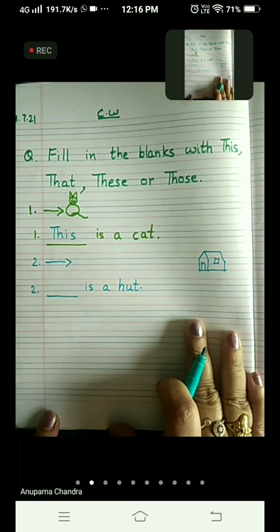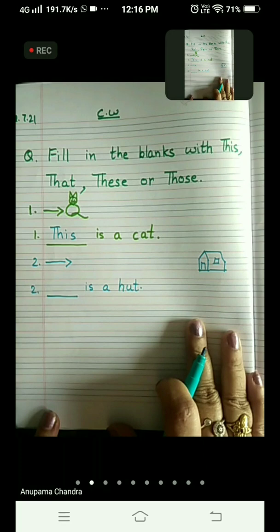Only one cat is there. So, we are writing here this. This is a cat.